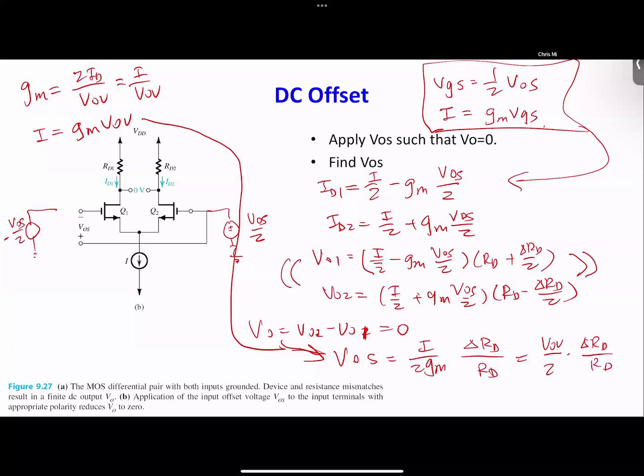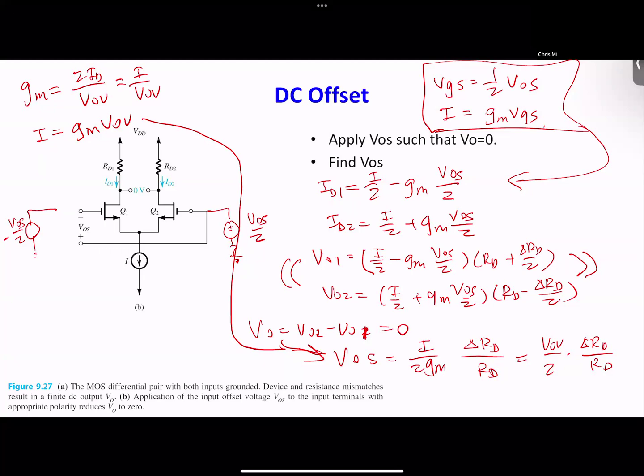You can see the voltage that you apply at the input to remove the DC offset is proportional to the resistance mismatch and also VOV divided by 2. So VOV is a part of the transistor performance. Right? So if there's no mismatch, basically you don't have to do anything. Therefore, VOS is 0.